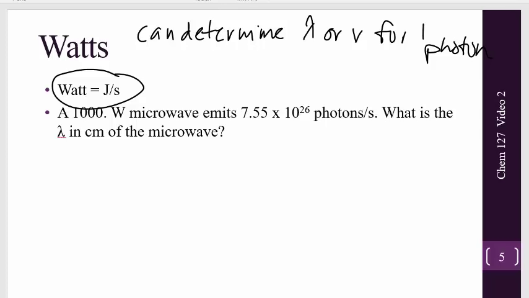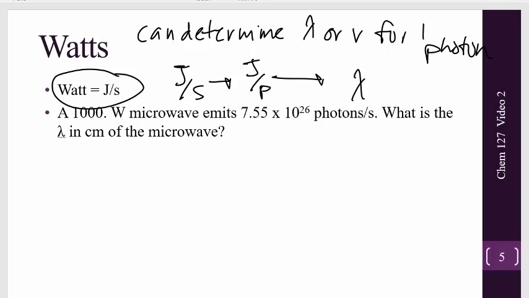So right now, what we have is something in joules per second, and we know we're finally looking for our answer in wavelength. So we need to get to something in between, some intermediate step, and that is going to be joules per photon, the energy of one photon. And from there, that's what we did on the previous slide to calculate then wavelength.